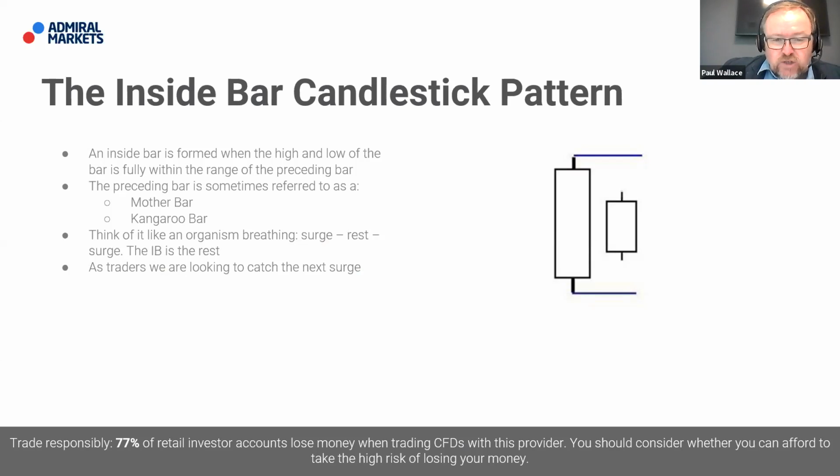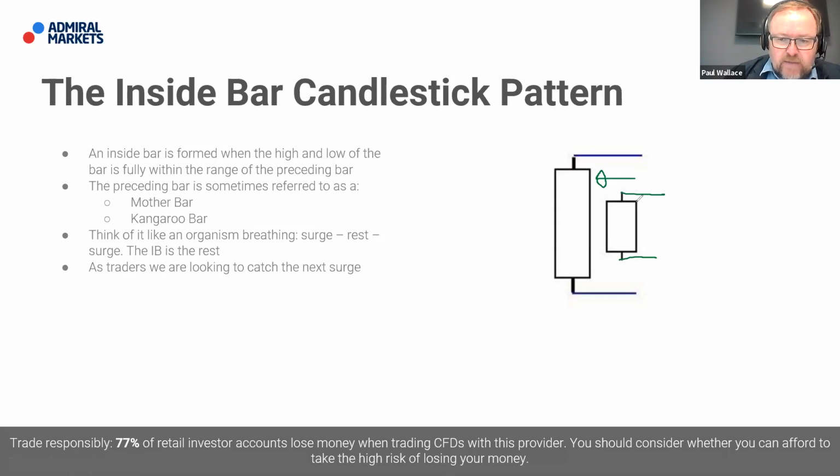Sometimes you'll hear them referred to as mother bars or kangaroo bars, which is probably pretty self-explanatory. But as always, if we just use a little bit of our tool here, we can draw in, as I said, this is the inside bar here, and what we're actually looking for is to ensure that the high and the low of this bar is within the range of the preceding bar. And I just want to be very clear in this.